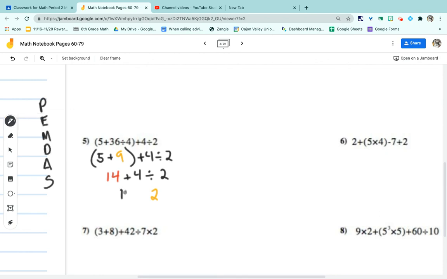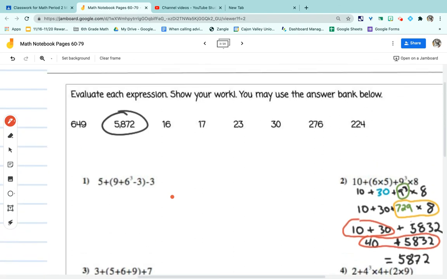And then I take this 14 plus 2. And 14 plus 2 is our last step. We're going to do that last. 14 plus 2 is 16. So the answer, when you solve this expression, is 16. Following the order of operations, let's see if that's in the bank. Yes, it is. There it is.